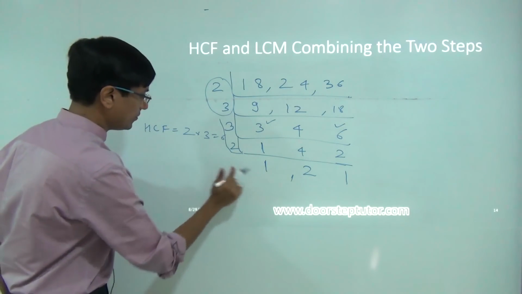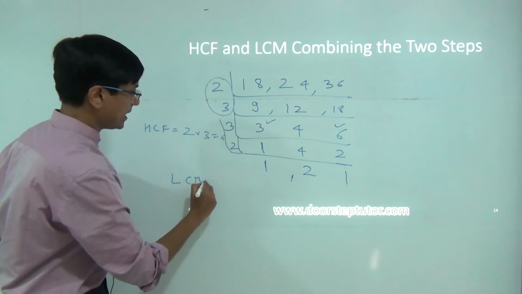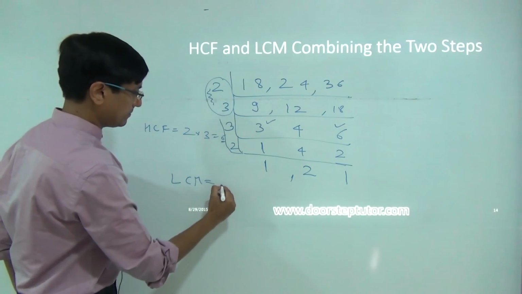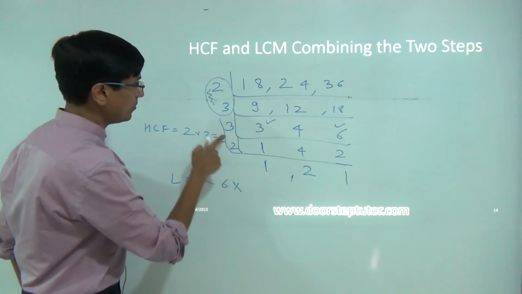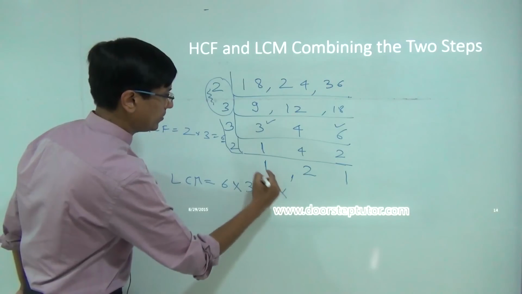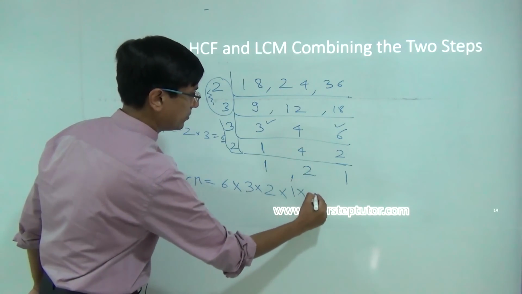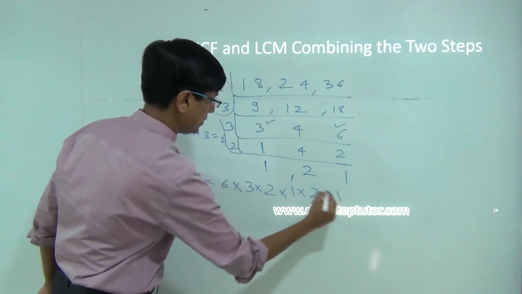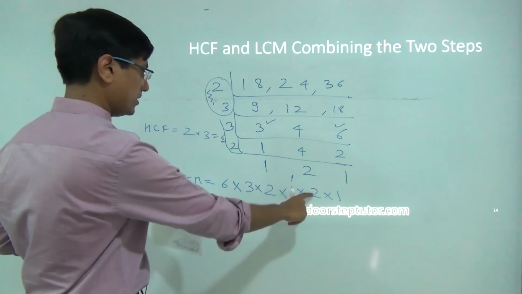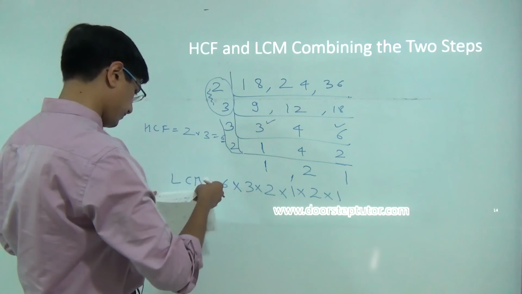And now I can write down my LCM as 6, which I have already computed, into this number 3 into this number 2 into 1, into 2 into, and then finally 1, which is equal to 18, and 18 into 4 is equal to 72.